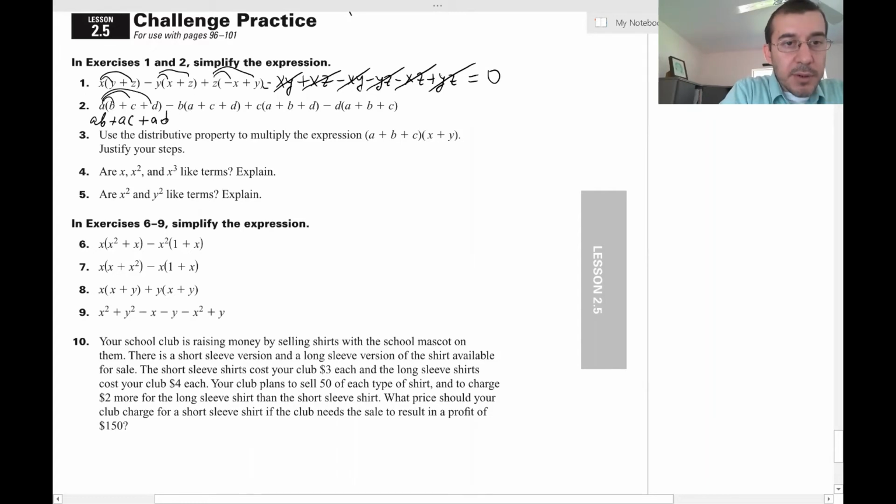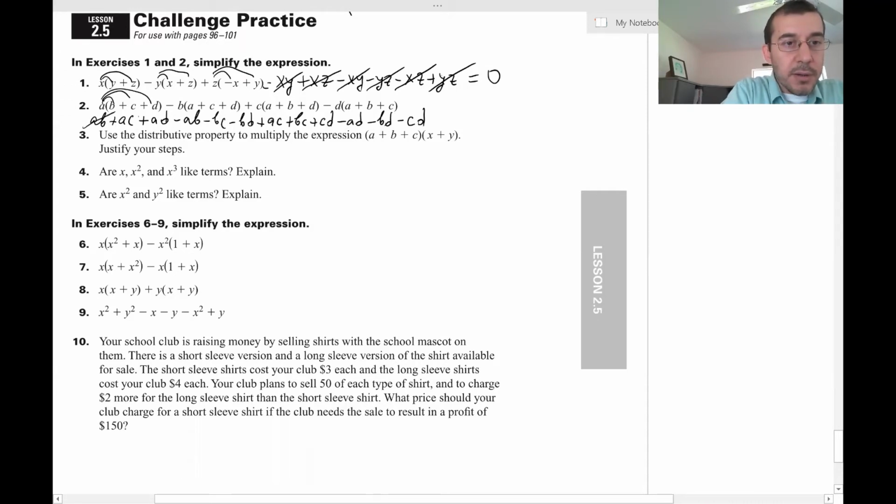Now minus B times A is minus AB, minus B times plus C is minus BC, minus B times plus D is minus BD, plus C times A is plus AC, plus C times plus B is plus BC, plus C times plus D is plus CD, minus D times A is minus AD, minus D times plus B is minus BD, and minus D times plus C is minus CD.